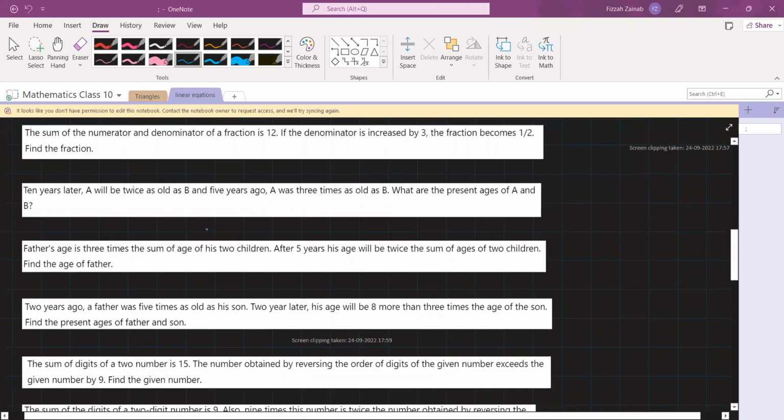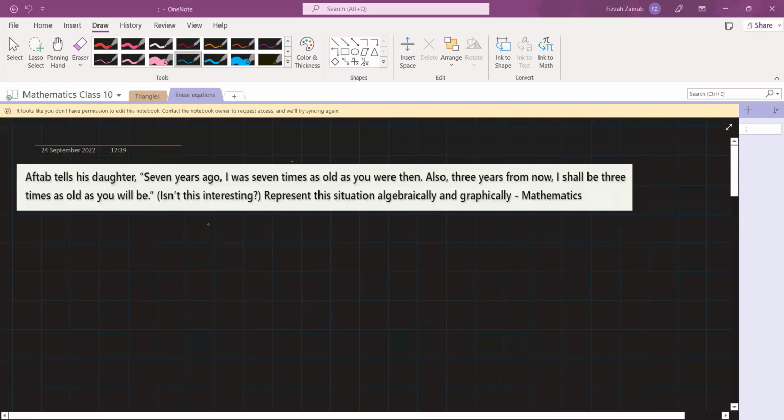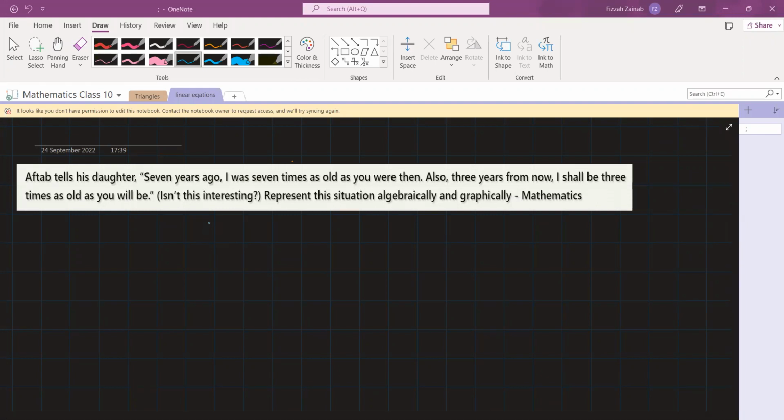So please start solving and just let me know if you are stuck somewhere. Once you finish one question, please send me a picture so that I can do the assessment right here.